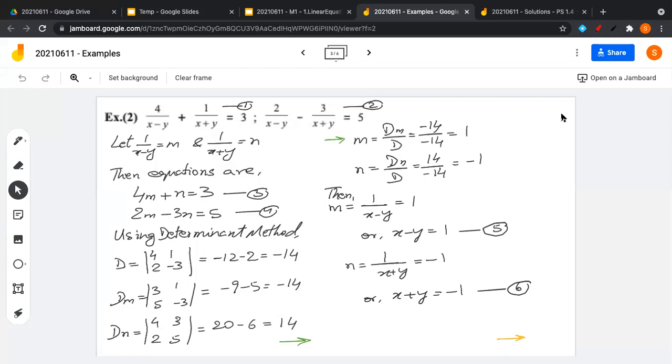Get the correct value for m and n. And Karthik, when you get the values, text me.